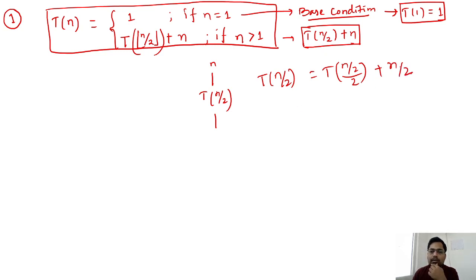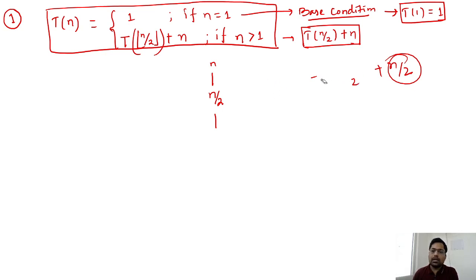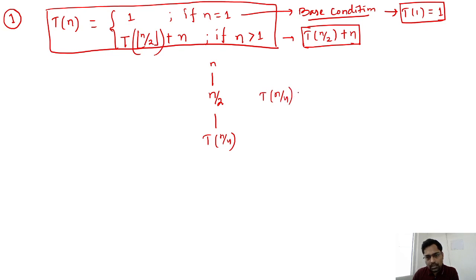Done. So n by 2 will be the cost for T(n). When you are expanding T(n by 2), simple. Like this, the next function would be T(n by 4). Why and how, you have seen. So T(n by 4), if you are checking the cost, because you are going to expand it.